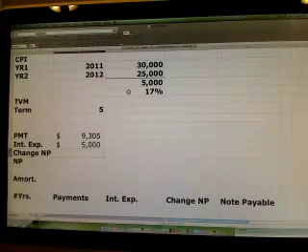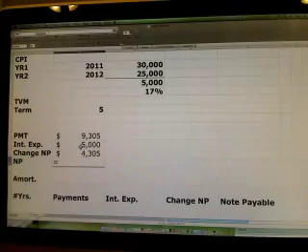The next question I ask you is, I want you to find the change in the note, or the principal. How you go about doing this is you put your equal sign, your payment minus your interest expense will give you your principal or your change in your note payable. Then my next question was the new balance on your note payable. I want to know what your balance is.